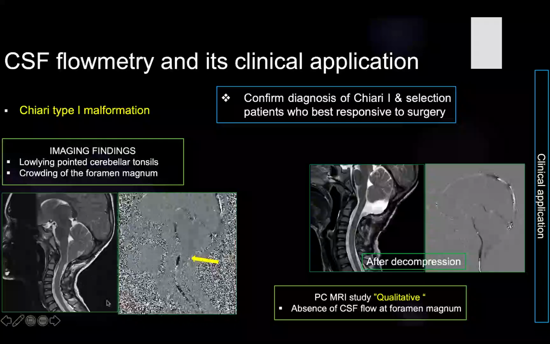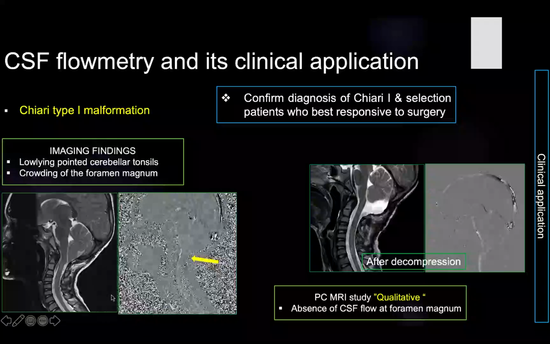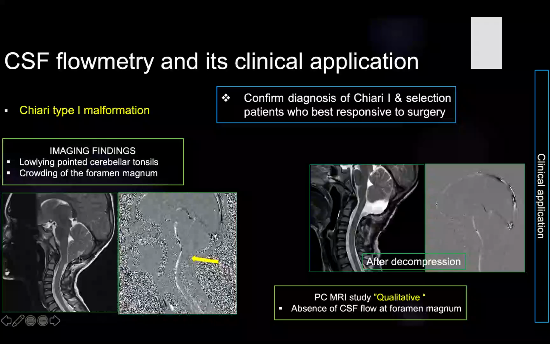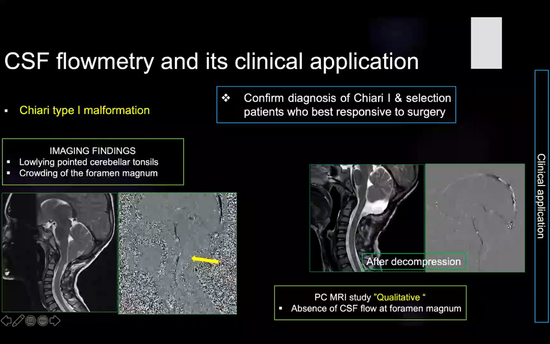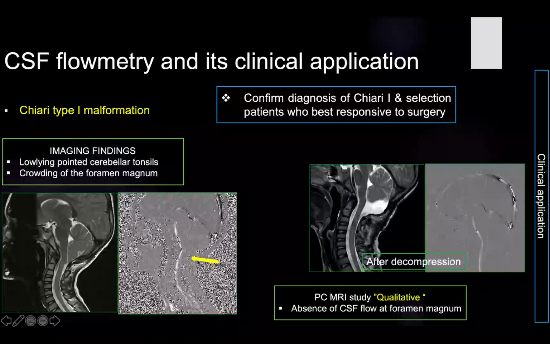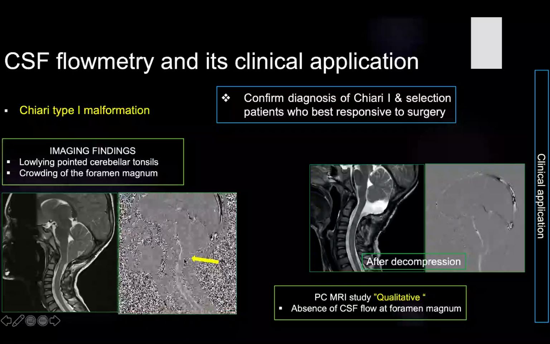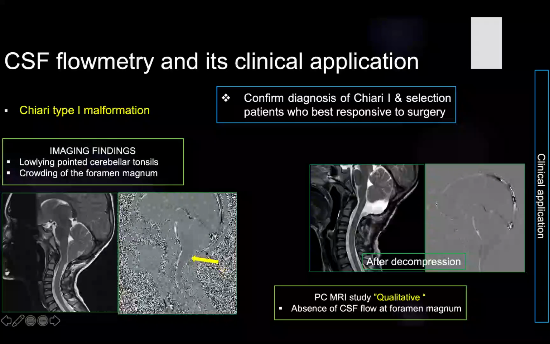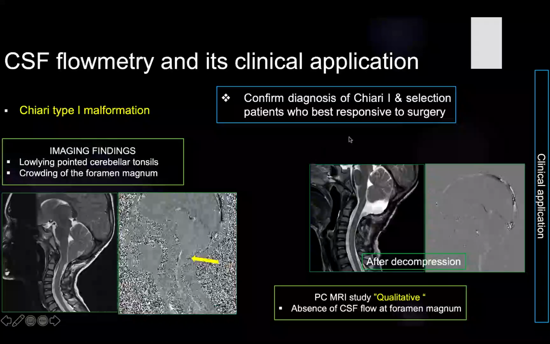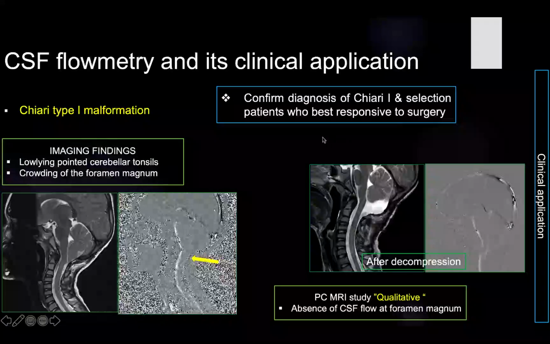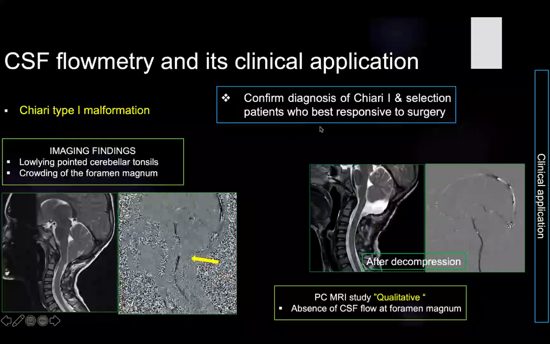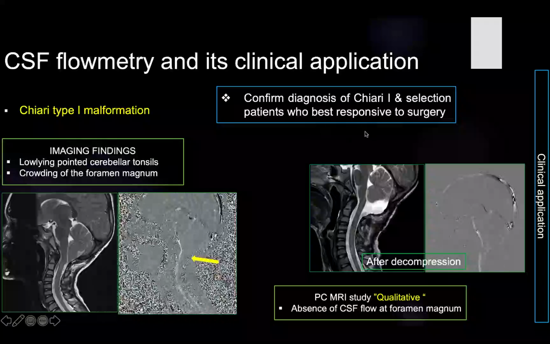So it is important, before surgery in patients with Chiari type 1 malformation, to do CSF flowmetry, because if these patients have an impedance of the CSF flow along the foramen magnum, they are candidates for surgery, as they respond best to it.